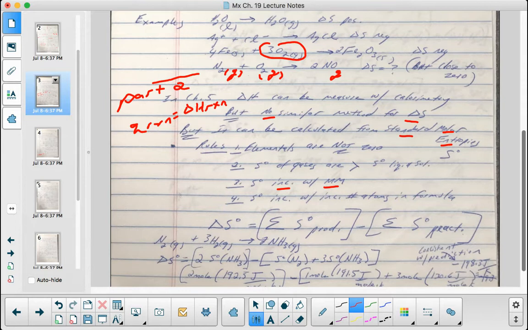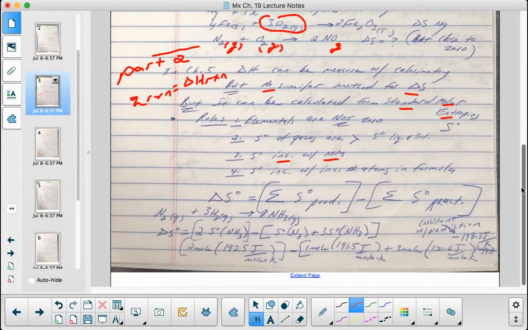So we can use this equation, which looks so similar to the one that we used for measuring delta H from standard heats of formation, but this is standard entropies. And so the change in entropy, the delta S, for the overall system, all right, so this is all about the system, and the system would be the actual reaction that's occurring.